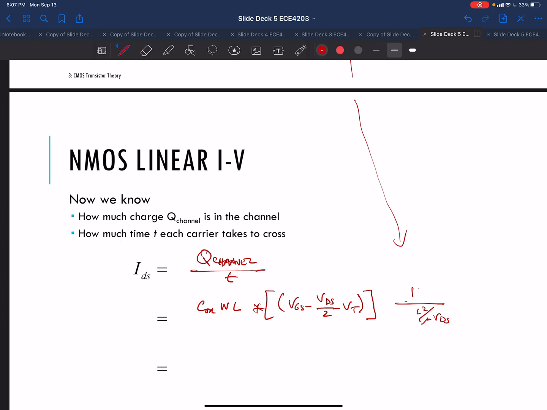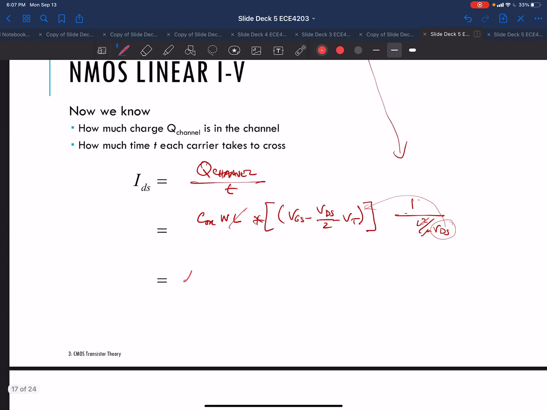Redistributing all this, one of these L's cancels out with this L, this VDS goes up, and I put all the constants together, so I end up with mu Cox W over L. Getting all the voltages together, I bring the VT over there, and still keep VT minus VDS over 2 times VDS. So that ends up being the current IDS.